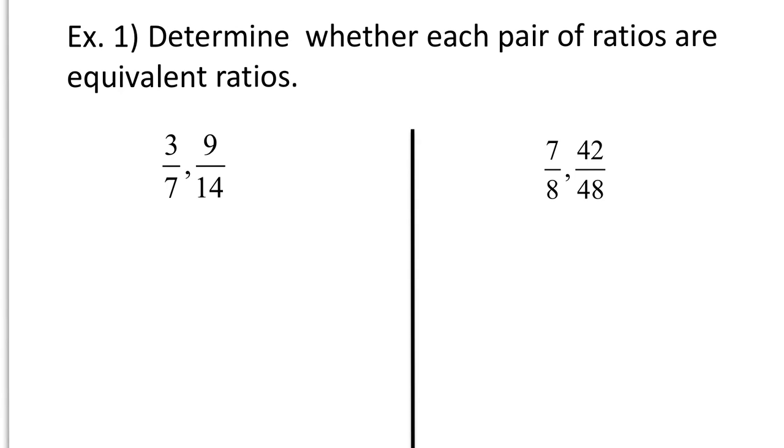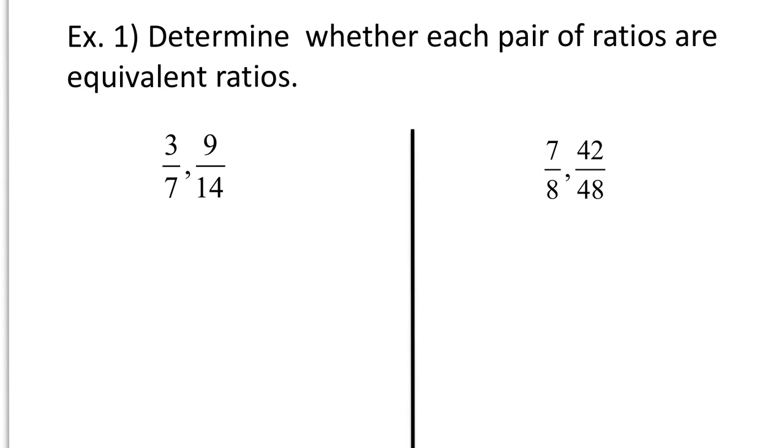Now before we actually solve, let's compare how to know if ratios are equivalent or not equivalent. So I have two examples here, 3 over 7 and 9 over 14. I want to know if those two ratios are equivalent. If they're equivalent, that means that we can make a proportion. So this is the way you check.